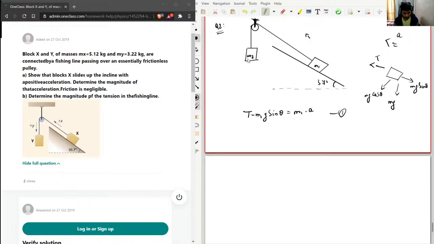Now we'll draw a free body diagram for this one. So for m2, we have tension in the upper direction.